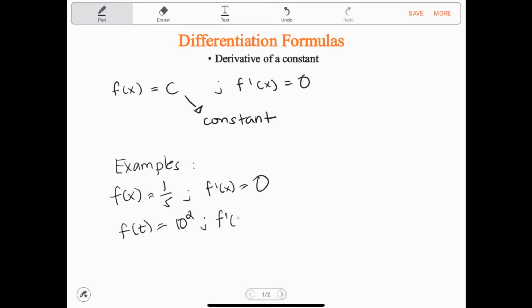Therefore, f of t prime is still equal to 0. Last example. The derivative of x is equal to the quantity of square root of pi, which is a constant. Therefore, it is equal to 0.